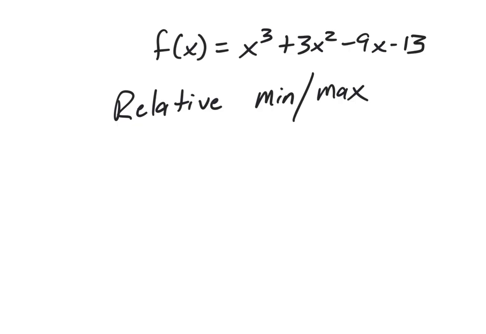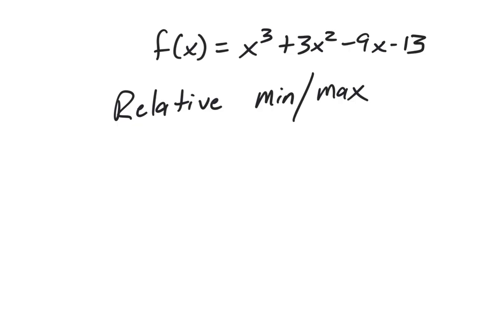The relative min and max is where the graph reaches a high point and a low point in the graph. When we did a parabola, it was one or the other, right? Because the graph was either going to open up or open down. And so if it opens up, it's going to have a minimum. If it opens down, it's going to have a maximum. So when we did parabolas, we said one or the other.